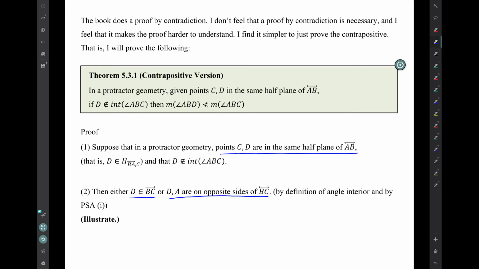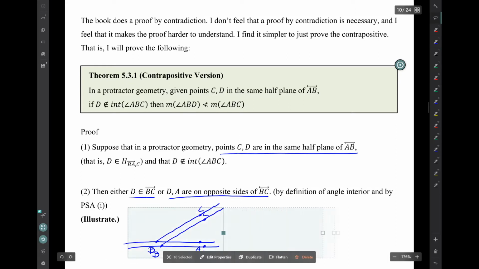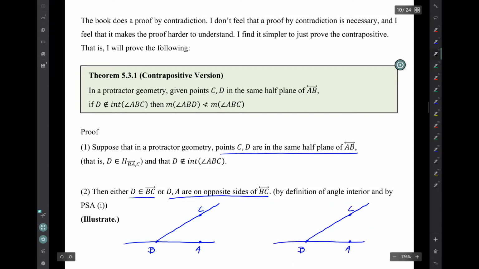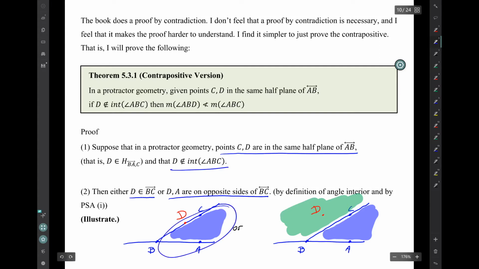Let me draw these. So again, we're assuming that D is not in the interior of that angle. So D is not in that blue shaded region.